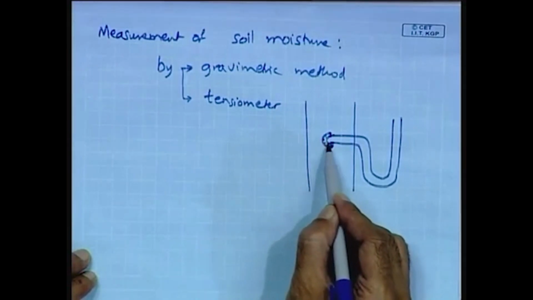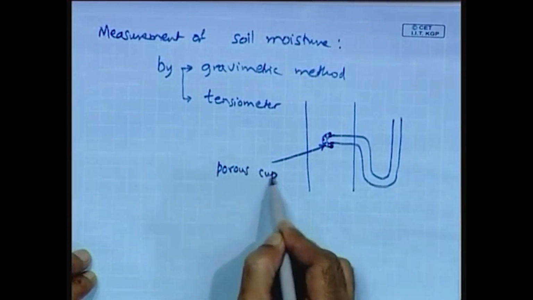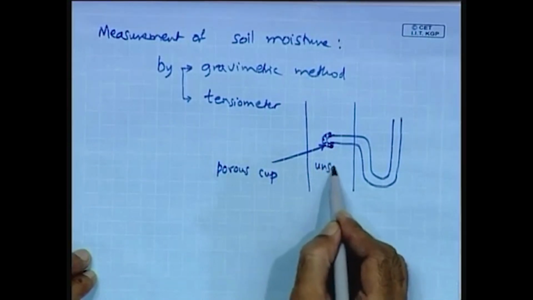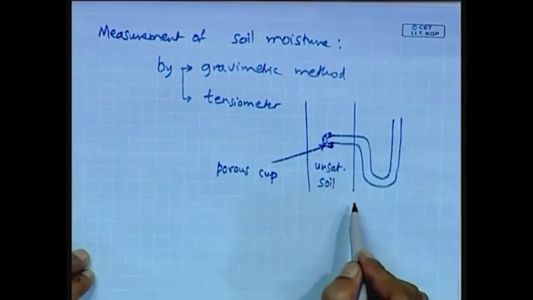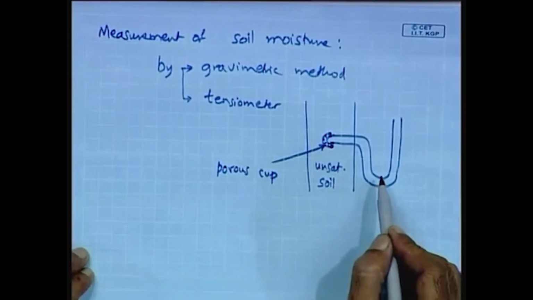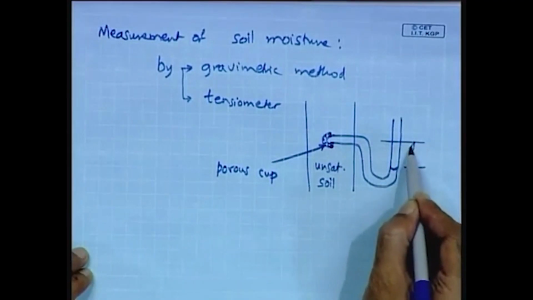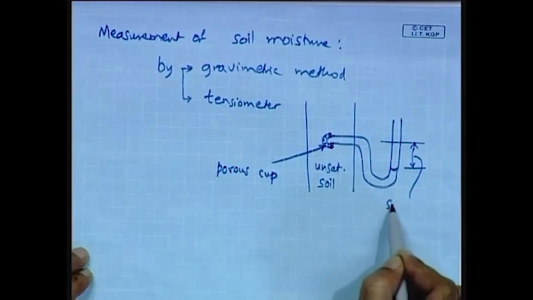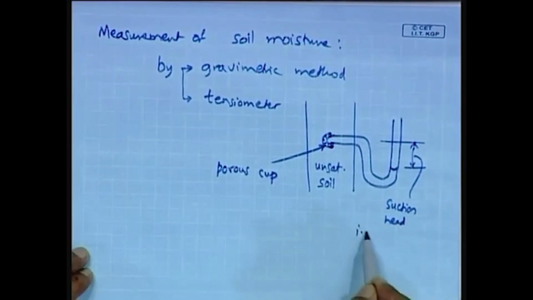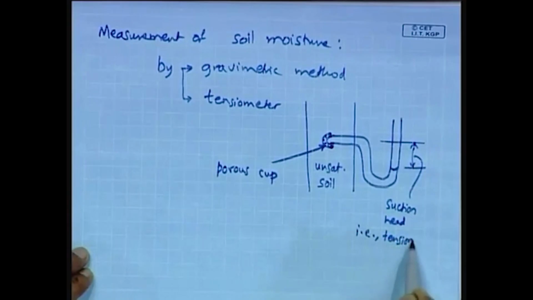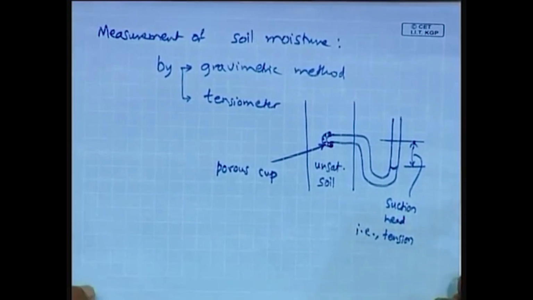This is the porous cup, and then this is the unsaturated soil, and here this is the suction head, which is essentially the water held by the molecular attraction between water, air particles as well as soil particles.